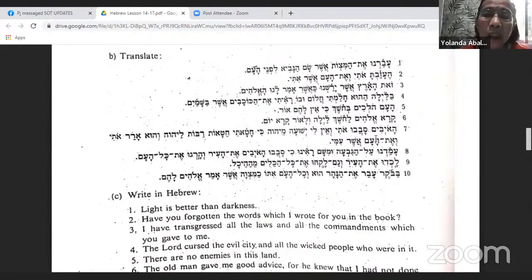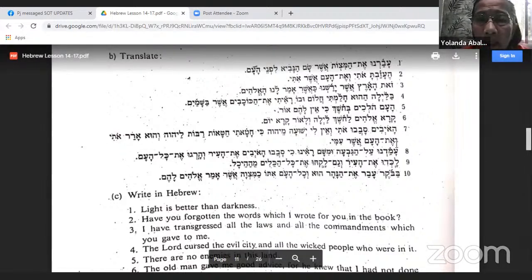Ha'oibim, the enemies, Sababu, surrounded them, Oti, with me, Ve'en, and not lay to me, Yeshua, Savior, Mehuva, from the Lord, K, Katati, because I have seen, Kataut, sins, Ravot, many, Laihova, before the Lord, they who, and he, Aror, curse, iti, me.